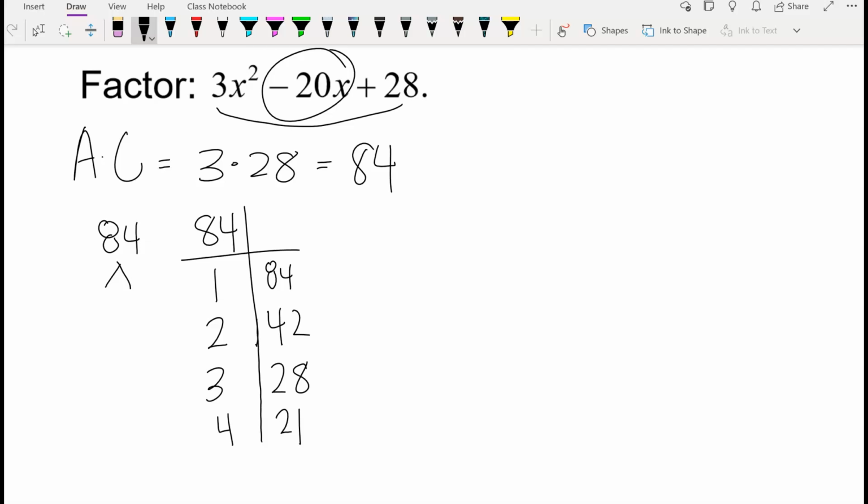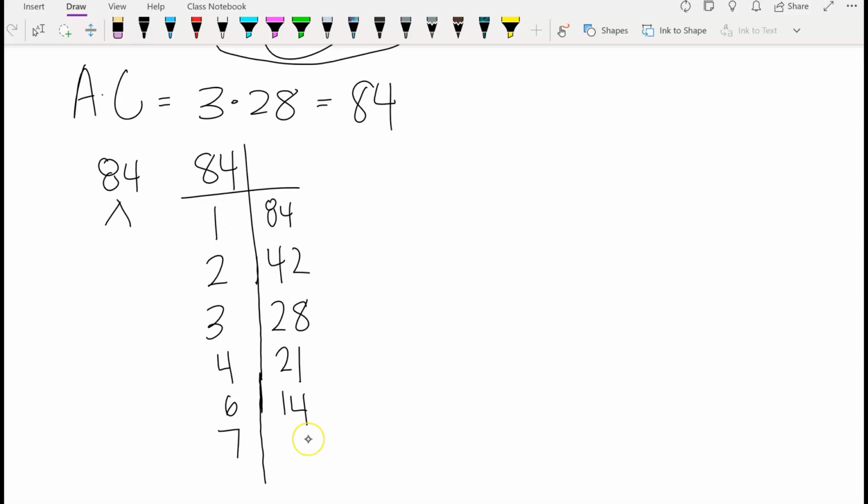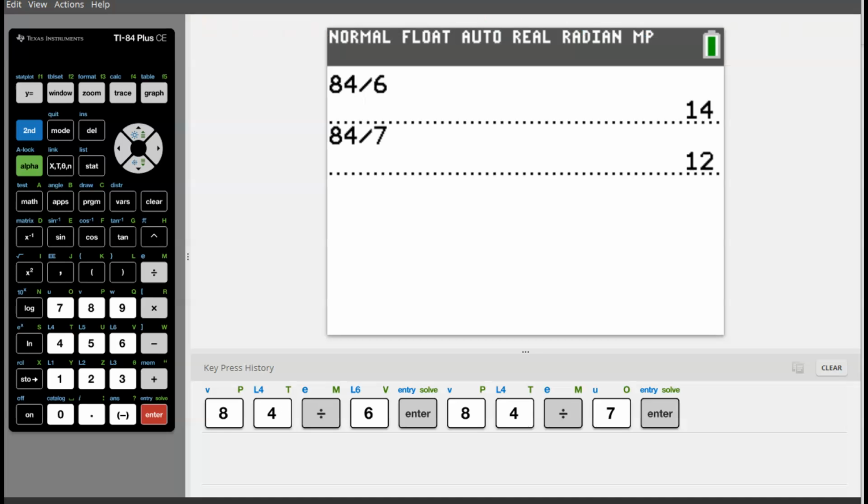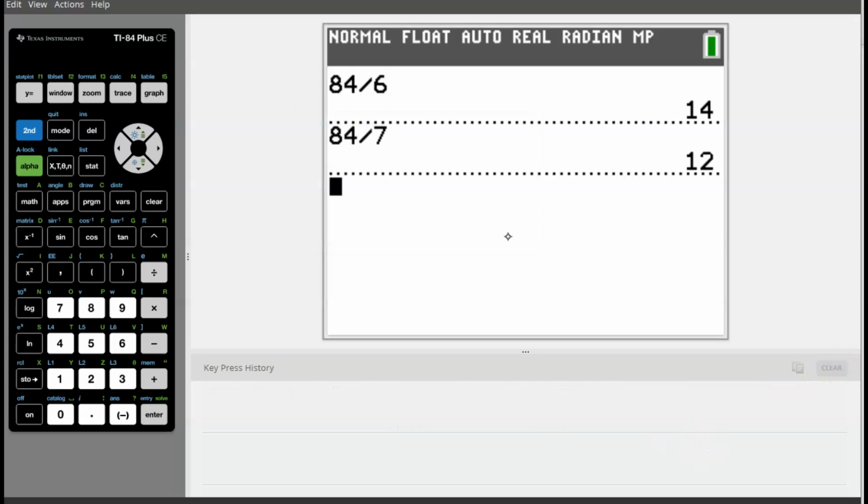And then 6 and 14. And then 7 and 12. And then 8, and that one actually doesn't work. So those are your factors. If you don't know your factors, I had to check just to make sure.